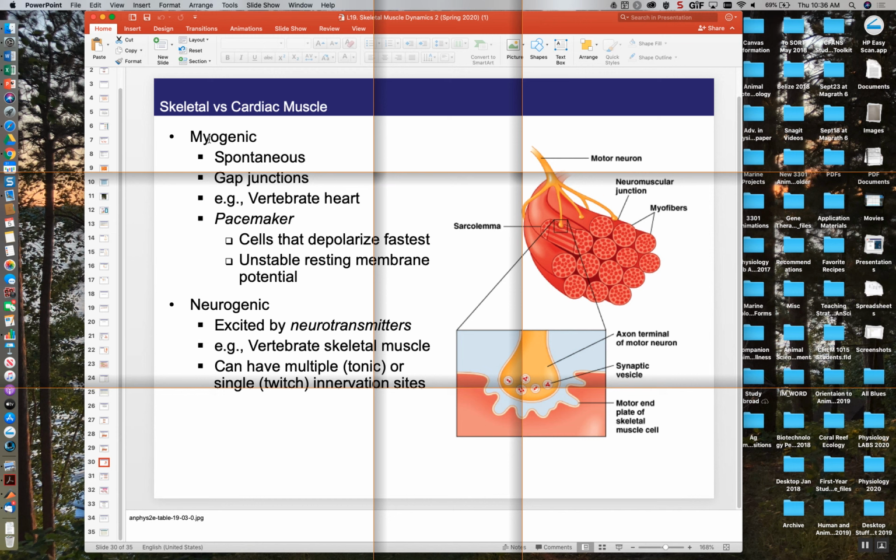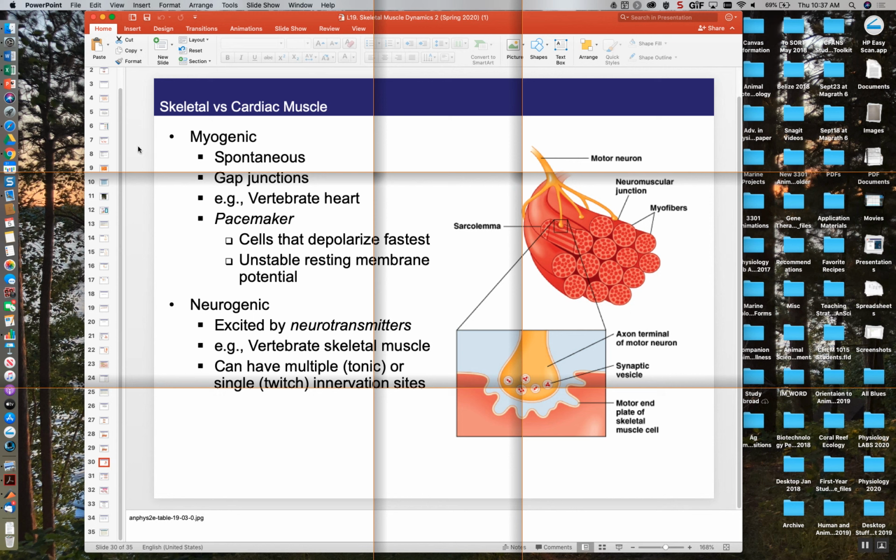So, interesting. All right, remember skeletal muscle cells are neurogenic. Okay, we've already talked about this pretty extensively. For skeletal muscle to contract, you have to activate a motor neuron, right? That's basically how skeletal muscle contracts.